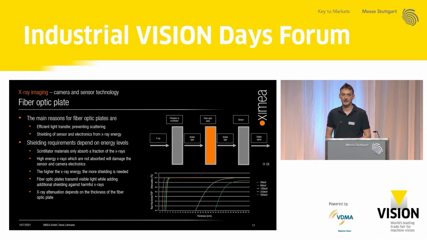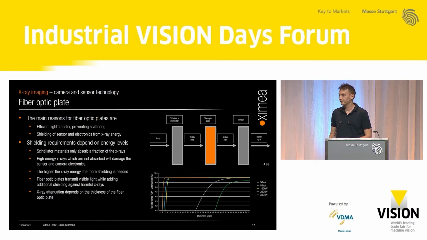Because high energy X-rays are going to destroy your sensor, and they are also going to destroy your camera electronics. The higher the X-ray energy, the more shielding is needed. The thicker the fiber optic plate, the more shielding you have. We at XIMEA usually try to reduce the X-ray energy for your electronics as far as we can, so let's say 99.5 to even 100%.